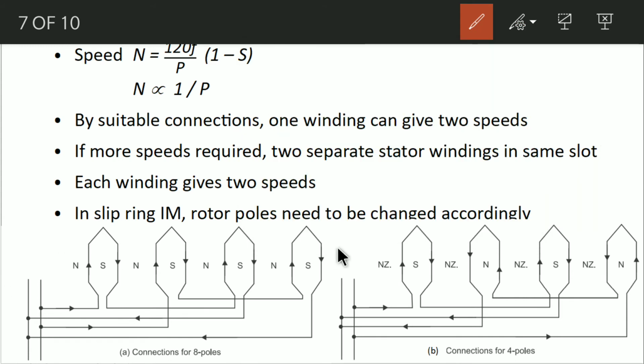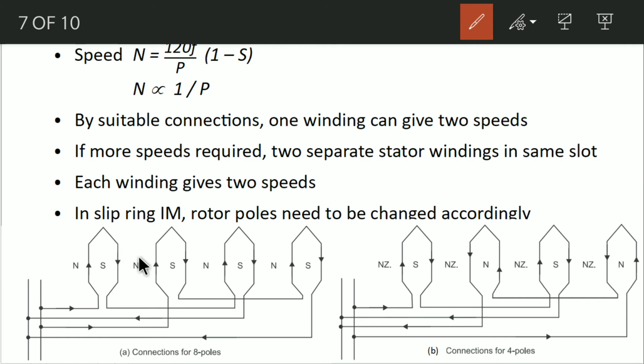So in this case, if we consider these two conductors which are side by side like this, in one the current is going in this direction and in the other coil side the current is in the opposite direction, so a pole will be formed in between these two. Let us suppose it is a south pole.